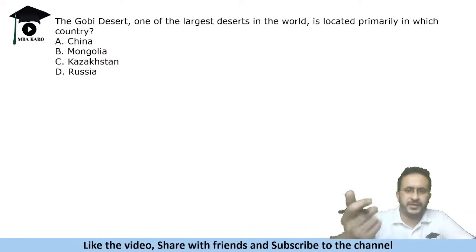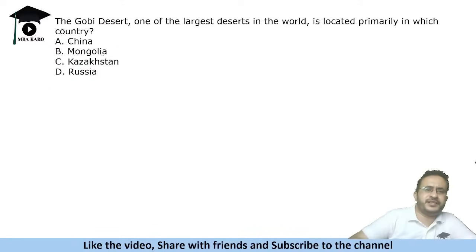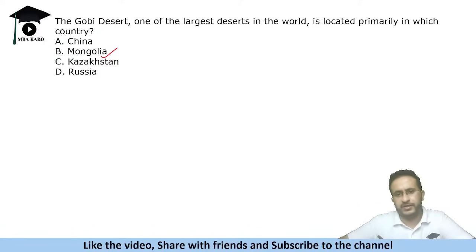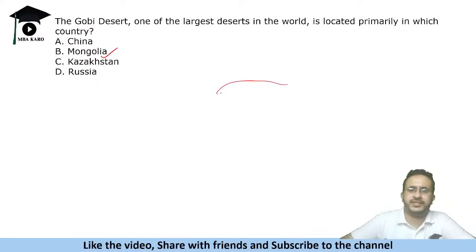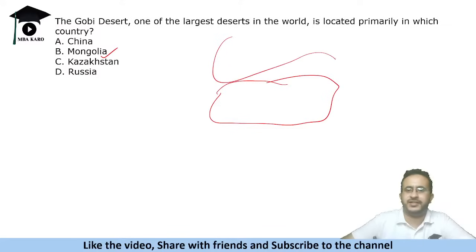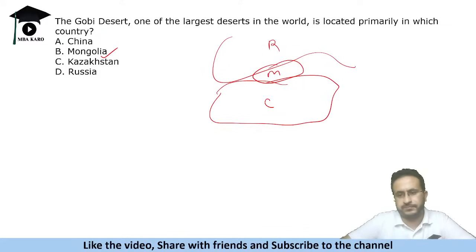Then Gobi Desert is another significant desert. It is in Mongolia. Where is Mongolia? You have any idea? Genghis Khan came from there. So Mongolia is like China. This is China, this is Russia, in between comes Mongolia.